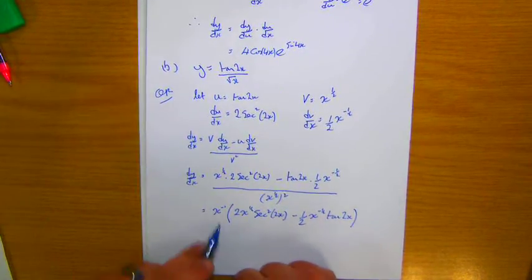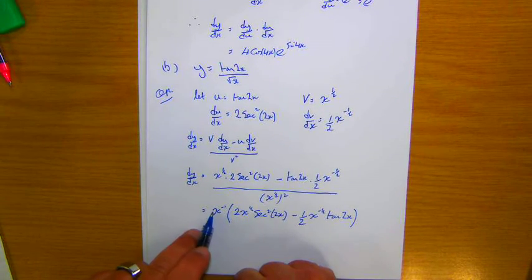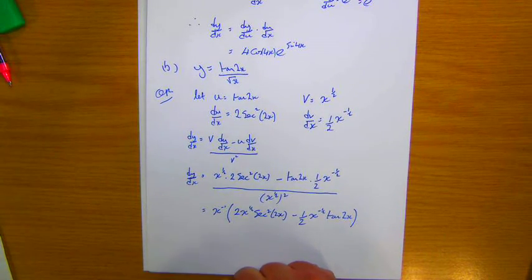So now I can multiply in this x to the minus 1, and when I'm doing that I'm going to add their powers.